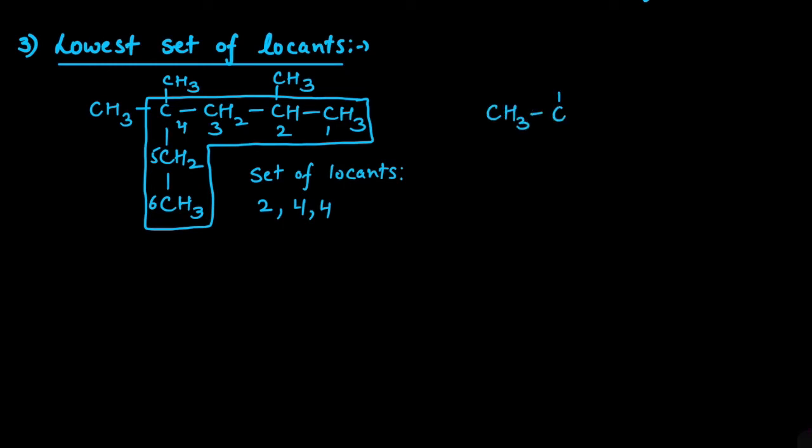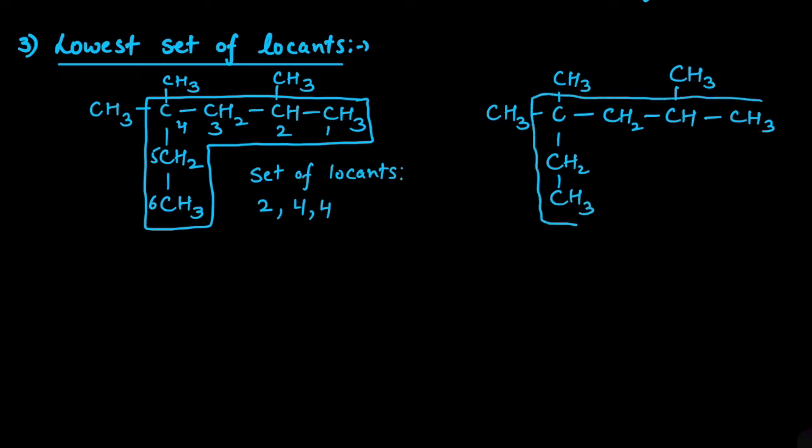Now let's try to understand if another student wants to number the chain differently than the first molecule. We have plotted the same molecule, but this time we will start the numbering from this.